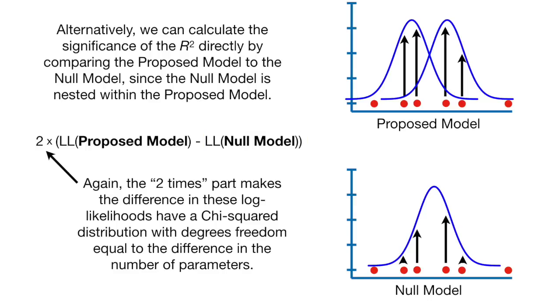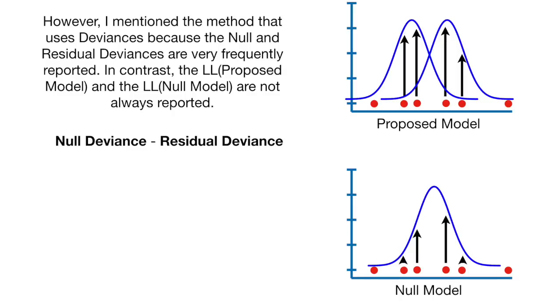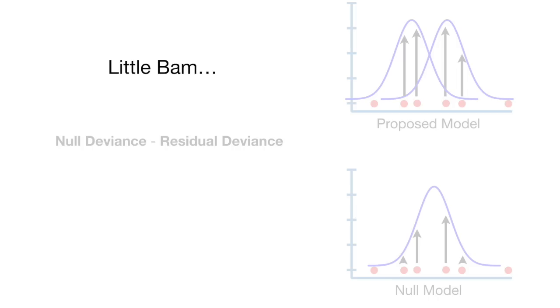Again, the 2 times part makes the difference in these log likelihoods have a chi-squared distribution with degrees of freedom equal to the difference in the number of parameters. However, I mentioned the method that uses deviances because the null and residual deviances are very frequently reported. In contrast, the log likelihood of the proposed model and the log likelihood of the null model are not always reported. Little bam.